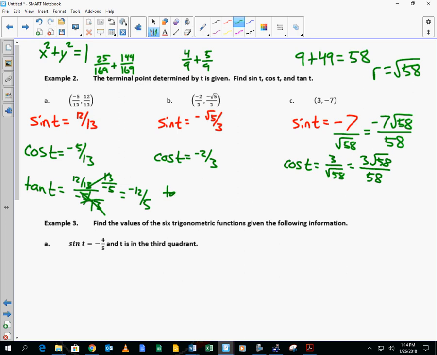Next one. What do we do? Negative root of 5 over 3 divided by -2/3. Negatives cancel. 3's cancel. Root of 5 over 2.